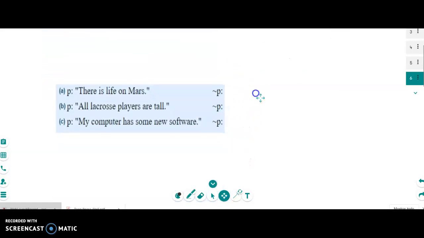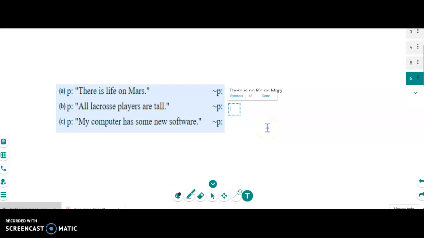Here we have, for example, the first one. There is life on Mars. The denial of that proposition will be there is no life on Mars. So this is the denial. Remember the symbol that we are going to use for this. The denial of P. All lacrosse players are tall.